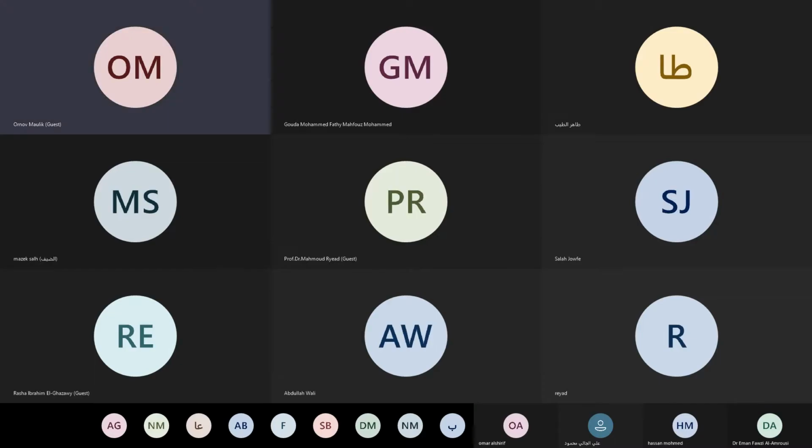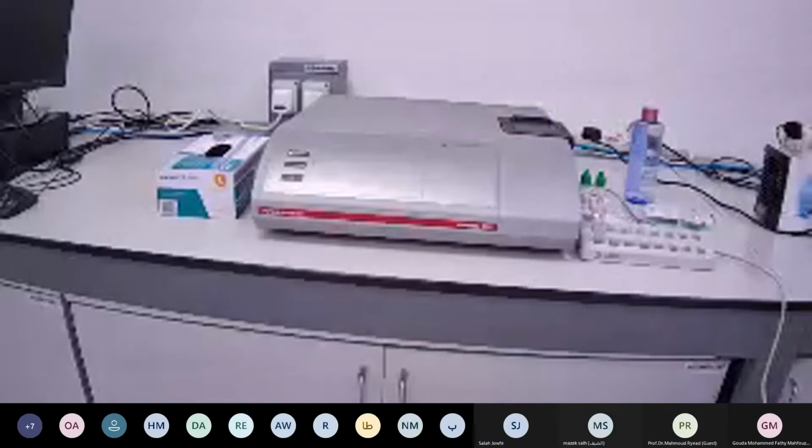Now I think you can all see the video of the instrument itself. So this is our Lightsizer 500 series. As I have mentioned, this instrument can measure particle size, zeta potential, molecular mass, refractive index as well as the transmittance.